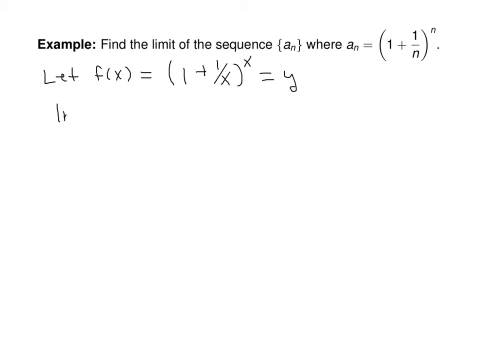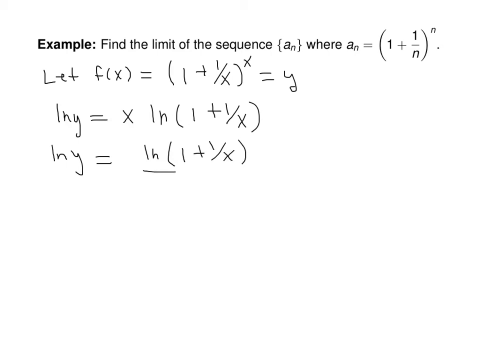So we'll have ln of y is equal to x times the natural log of 1 plus 1 over x. And in order to apply L'Hopital's rule, we need some kind of ratio of the form 0 over 0 or infinity over infinity, and how we accomplish that is this. Let ln y equal ln of 1 plus 1 over x divided by 1 over x.